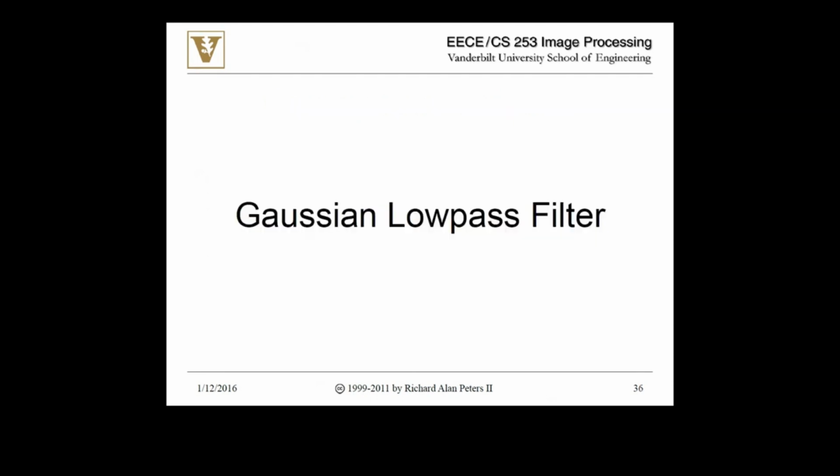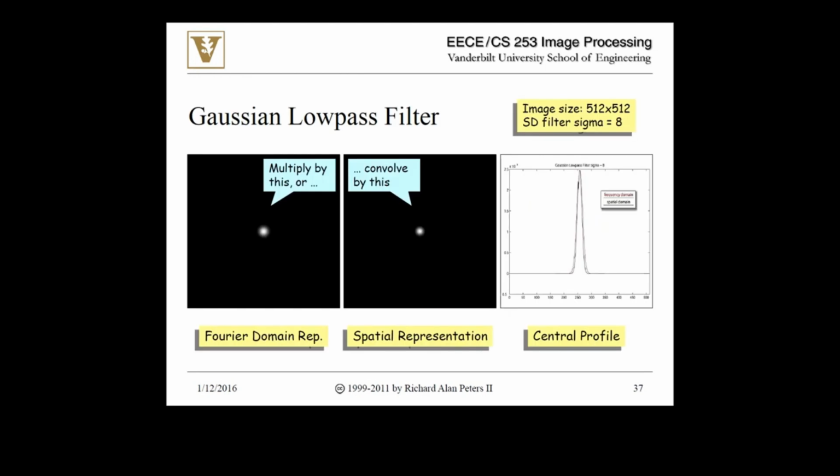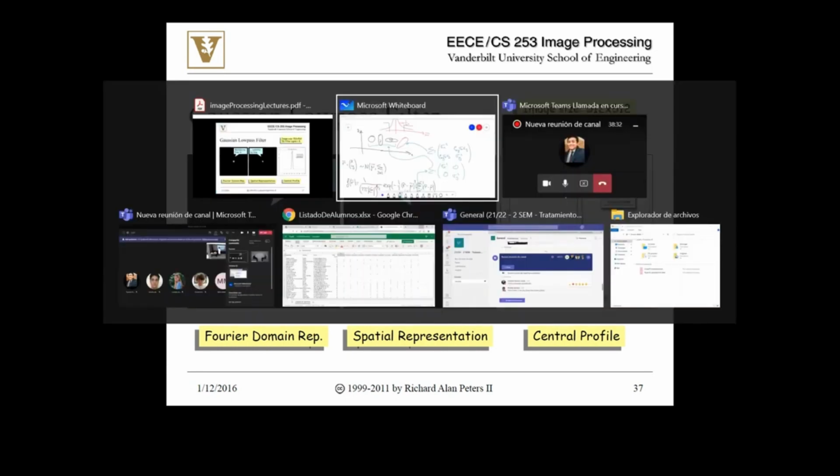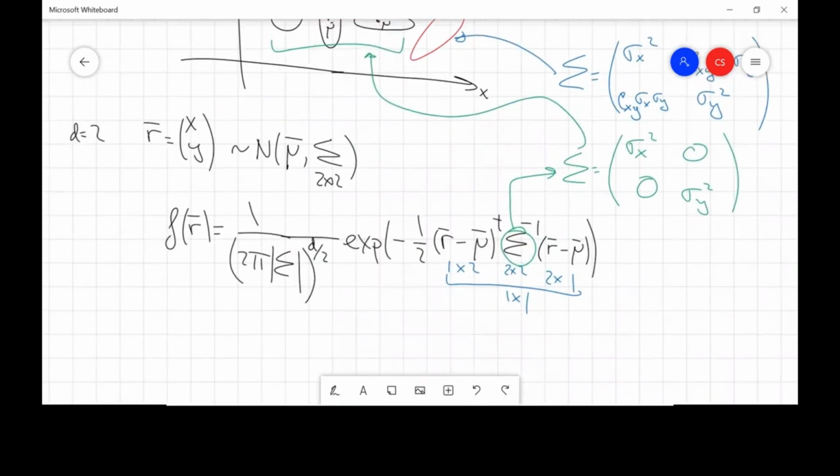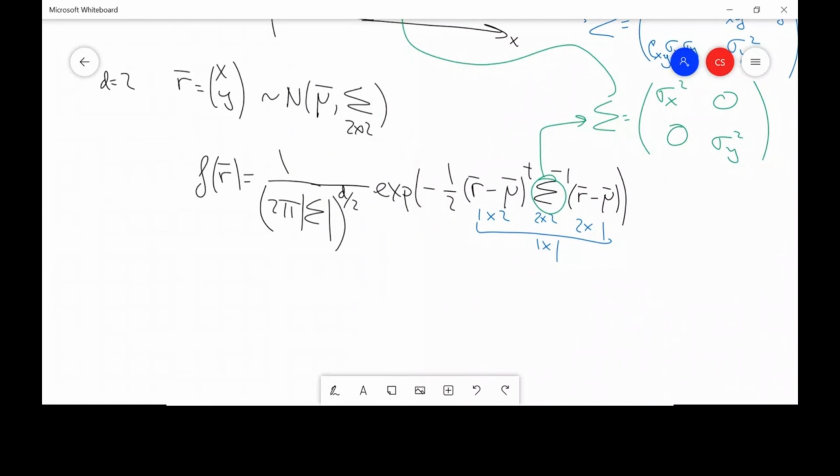Okay. How to construct Gaussian low-pass filters? Instead of having x and y here in real space, I construct a Gaussian that depends on the frequency coordinate instead of the spatial coordinate.